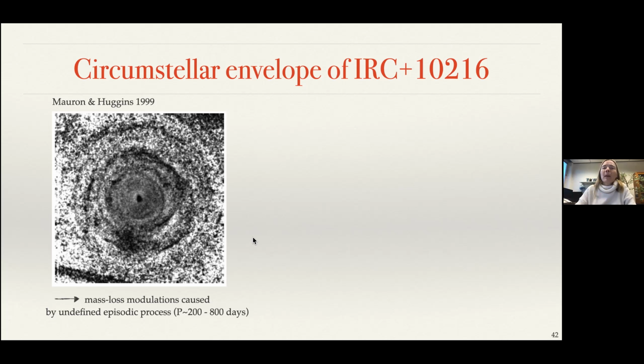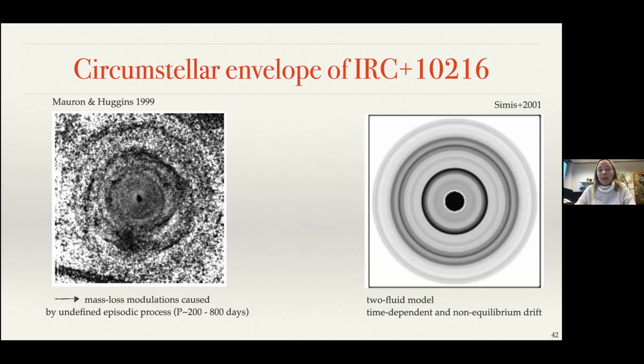In the paper, you can see that they made some suggestions toward a binary companion, but they deemed it insufficient to explain the structure of the shells further out. That kind of idea has even been explored in quite some detail with one-dimensional models, not accounting for a binary companion, where they try to understand whether we can have just one single star and still have this kind of shell-like structure.